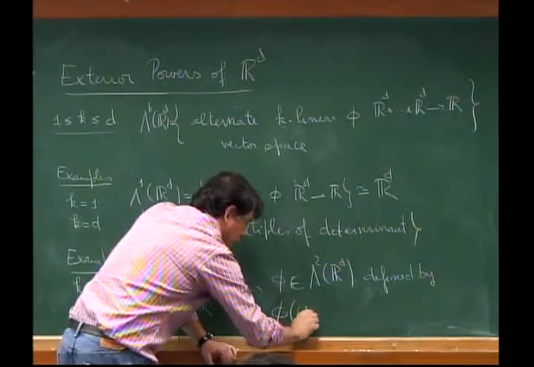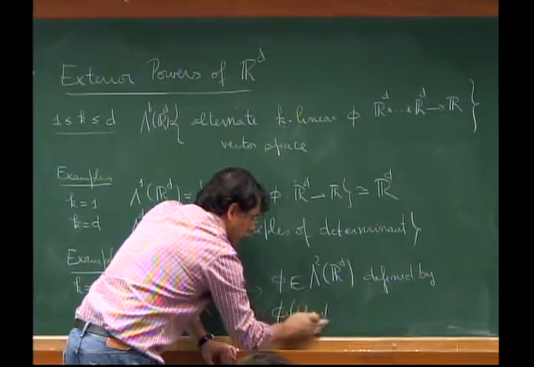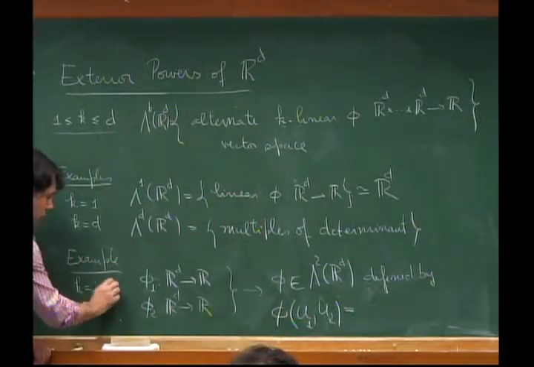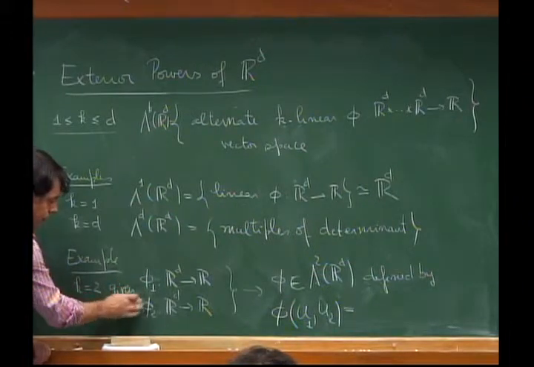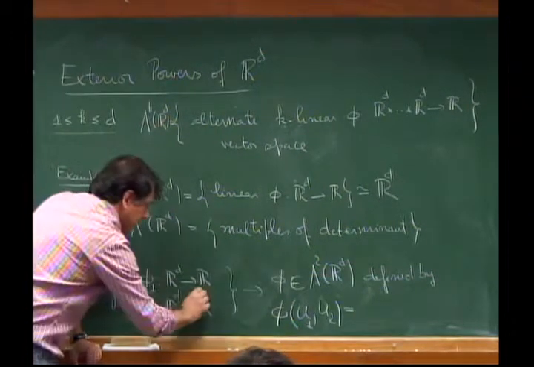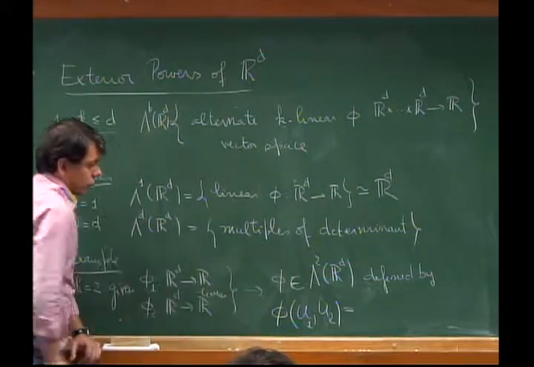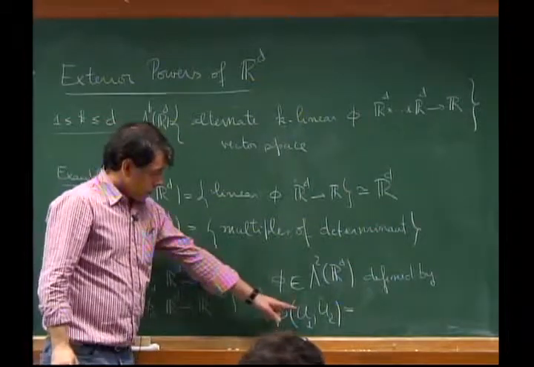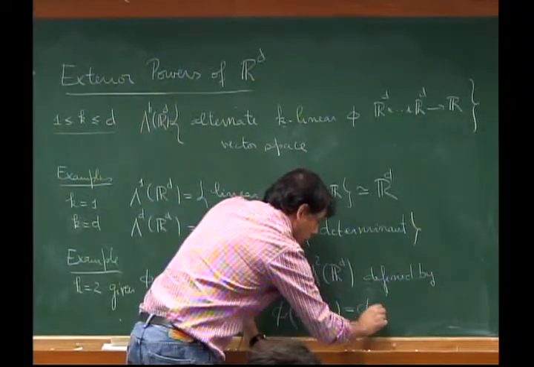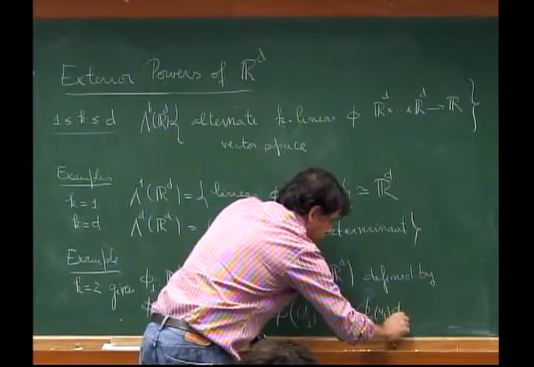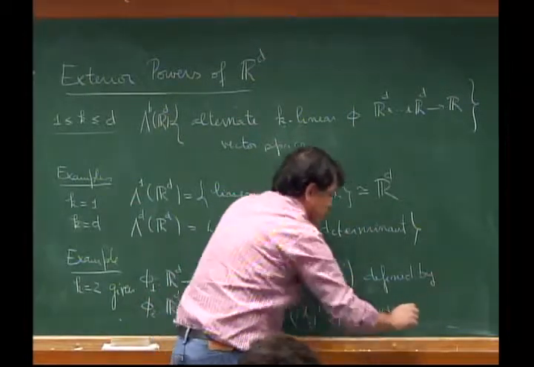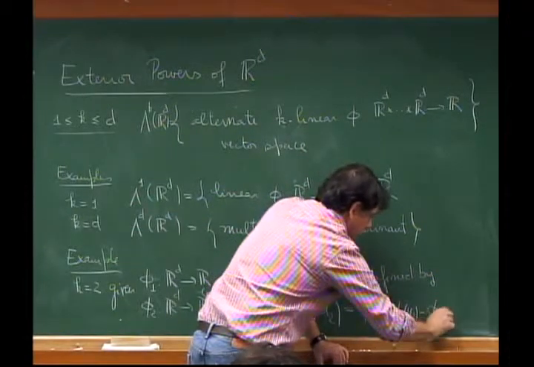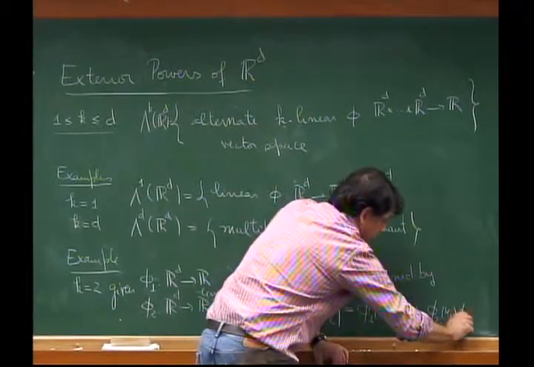It has two vectors, u1 and u2. Okay, given a pair of linear maps, you can construct an alternate bilinear form by doing this. Phi of u1, u2 is phi1 of u1 times phi2 of u2 minus phi2 of u1 times phi1 of u2.